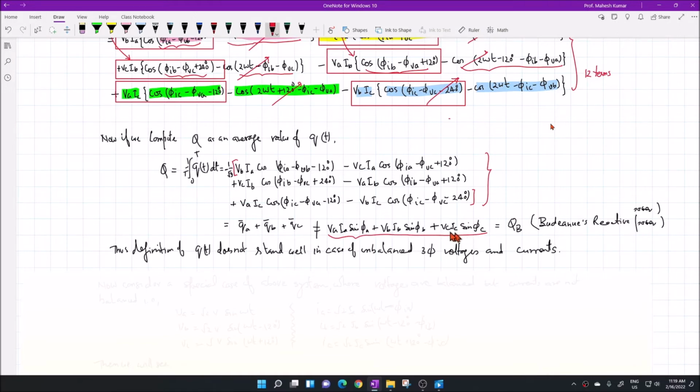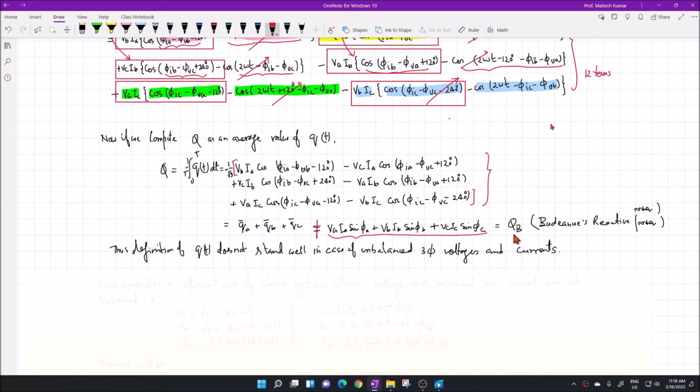The question is whether this value equals this value. Now from the expression you can directly tell that this is not equal to BAIA sin phi A plus BBIB sin phi B plus BCIC sin phi C. Looking at the two expressions, we can tell that this term is not equal to BAIA sin phi A plus BBIB sin phi B plus BCIC sin phi C. That is called Budeanu's reactive power.